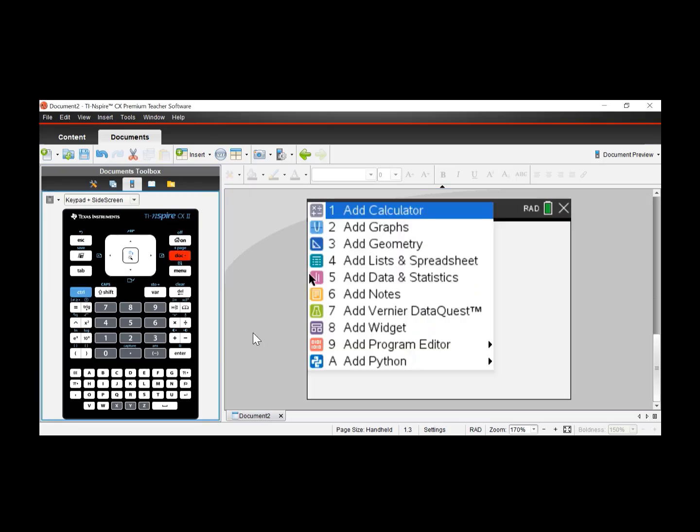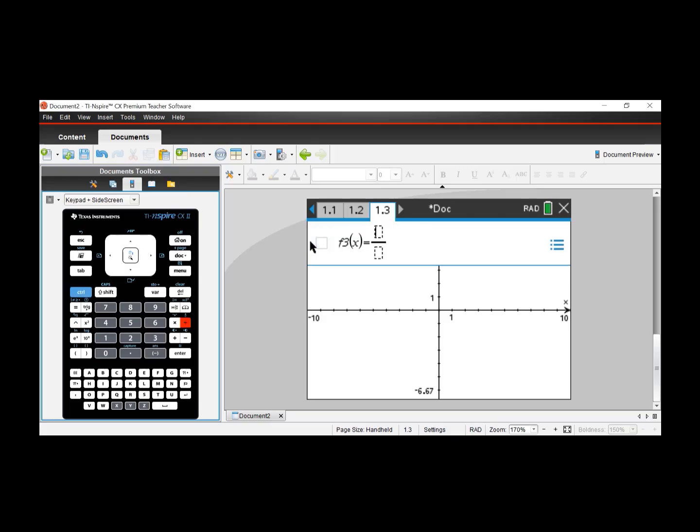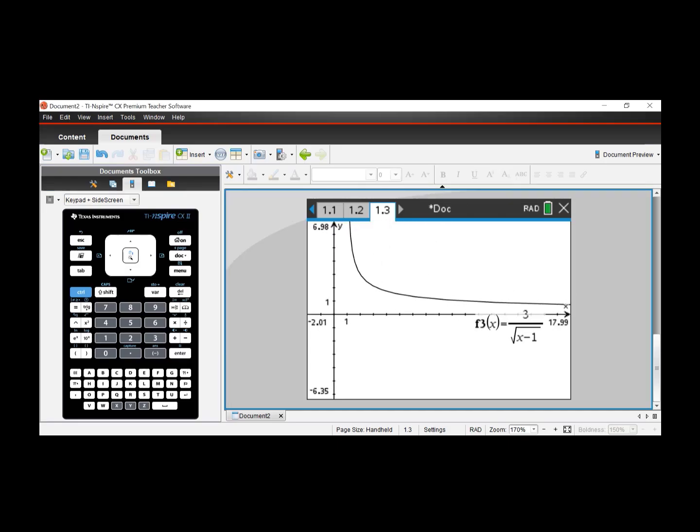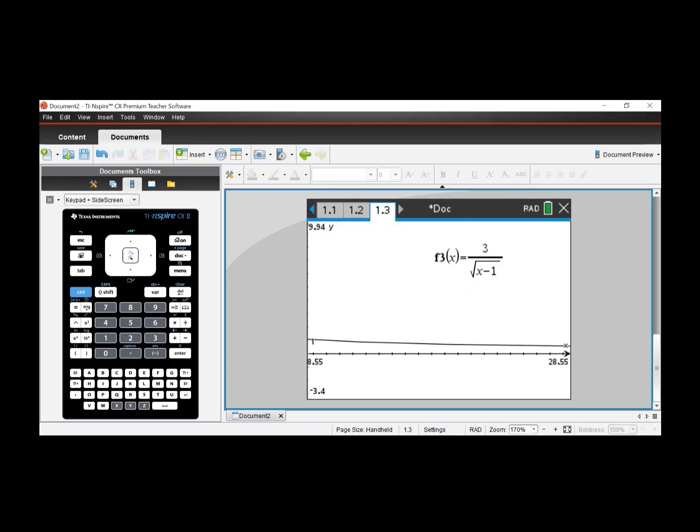I'm going to add another page. And again, graphs. This time, we have a fraction. So there's my template. My numerator is 3. My denominator is the square root of x minus 1. Hit enter. Look at my graph. I'm just going to slide it a little bit so we have a better view. Now this time, as I keep sliding here, it's getting closer to that x-axis, but it's not getting there.